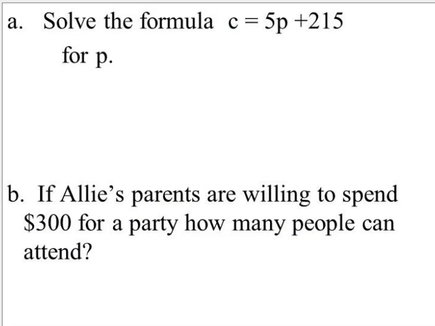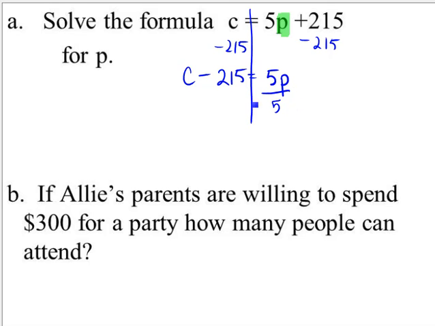We're supposed to solve it first for P. I will do that by undoing the addition. We should be getting pretty good at these at this point in time. C minus 215 equals our 5P. And then I'll undo the multiplication by dividing by 5 on both sides. So I end up getting C minus 215 all over 5.